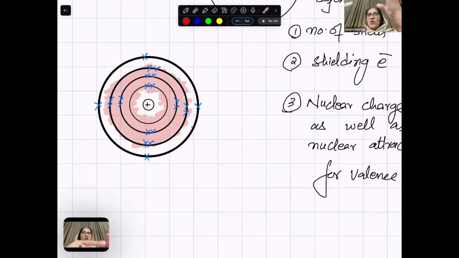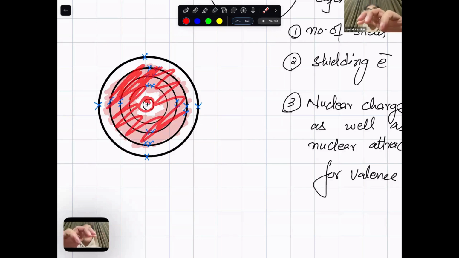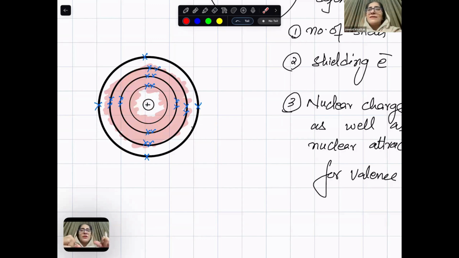The electrons are repelling, the nucleus is attracting; the attraction and repulsion are trying to balance each other. The more the shielding, the more the repulsion, and the more nuclear attraction is needed to overcome repulsion. As a result, the valence electrons are held by the nucleus. These repelling forces are balanced by the nuclear attraction.